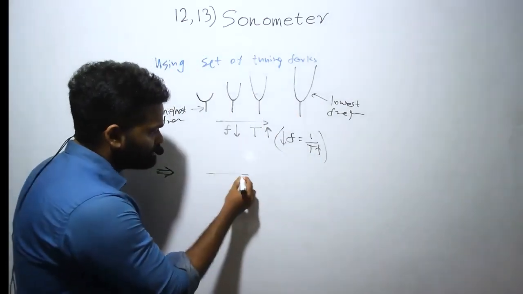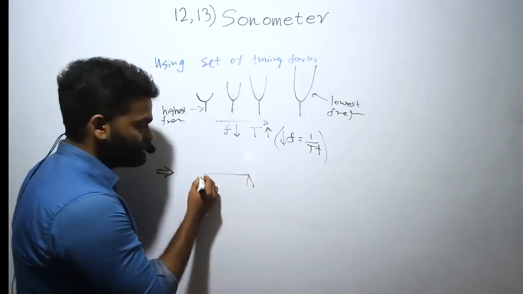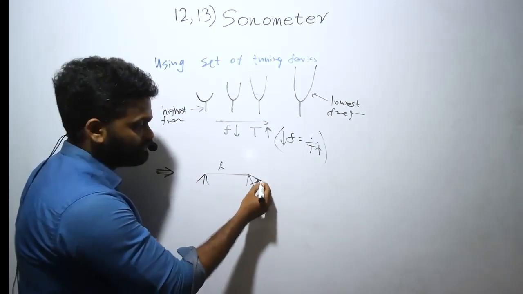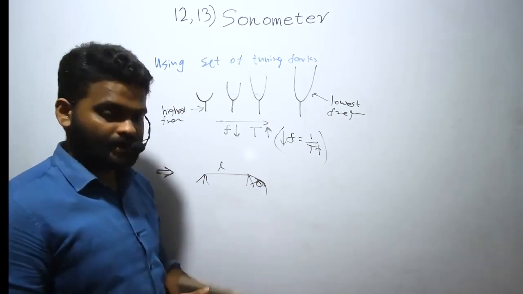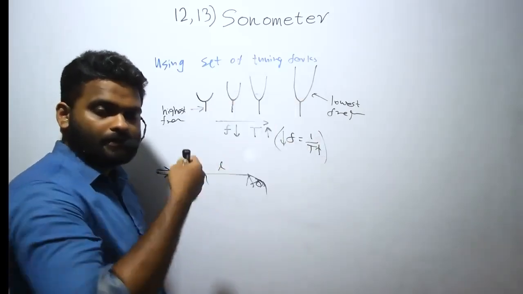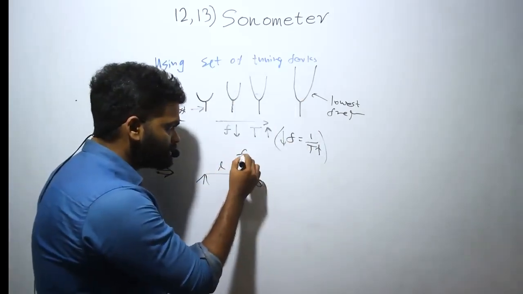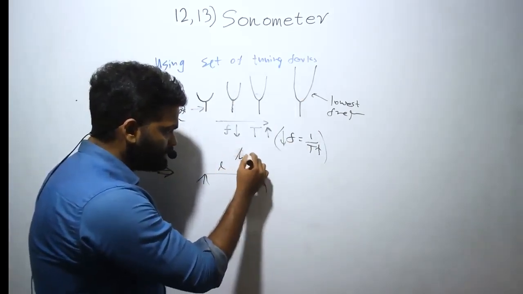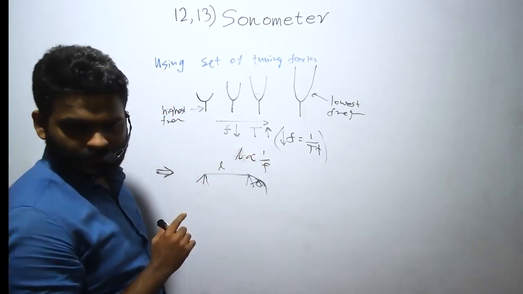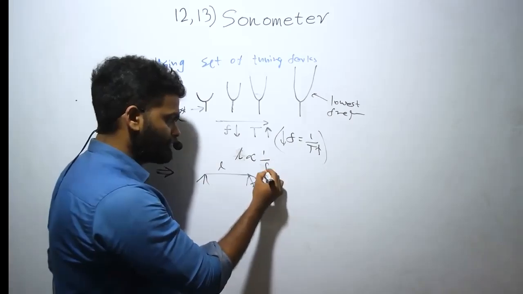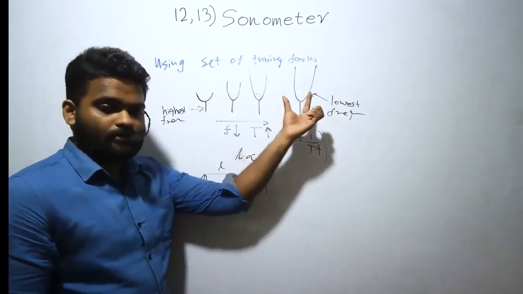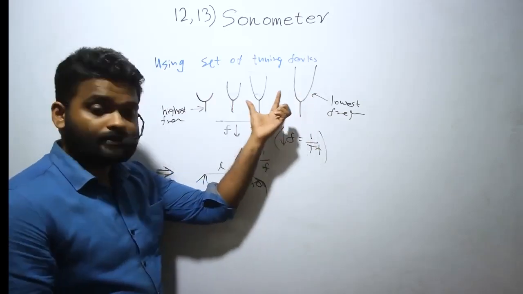So you have this sonometer wire length, right? In this experiment, you have the set of forks. You know this combination? L is proportional to 1 over F, inversely proportional. So you have a set of tuning forks.